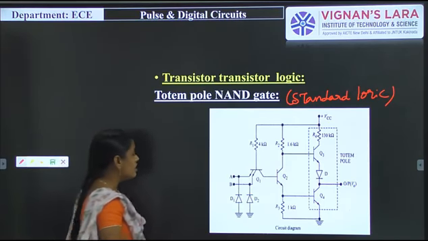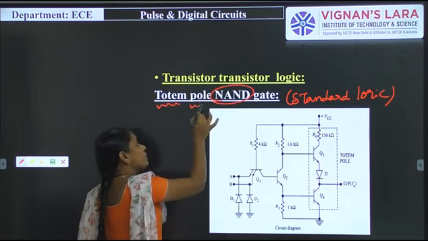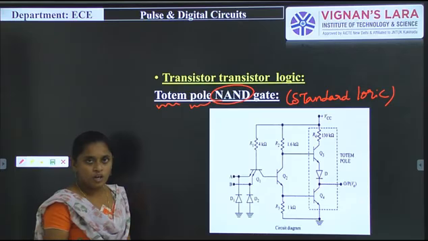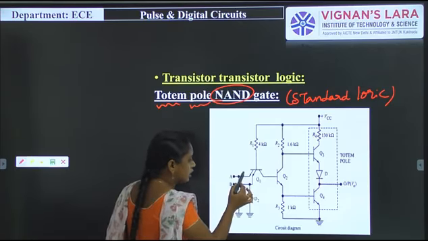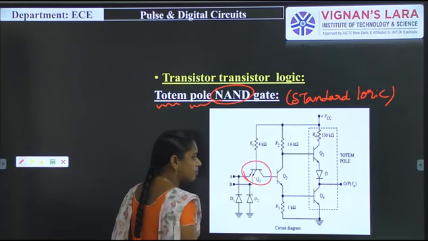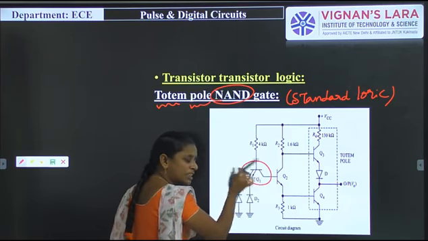Why is this known as totem pole? What is meant by totem pole? Here I am using a two-emitter transistor, that means this transistor consists of two emitter terminals.